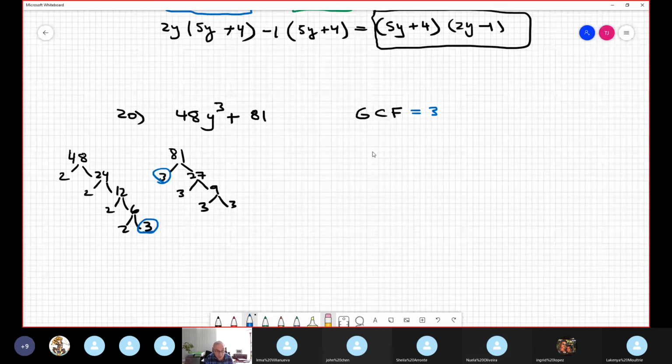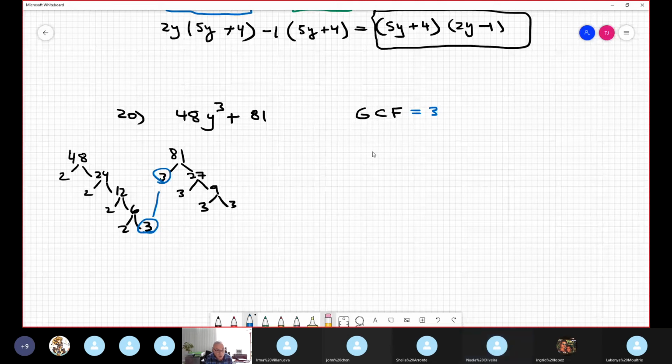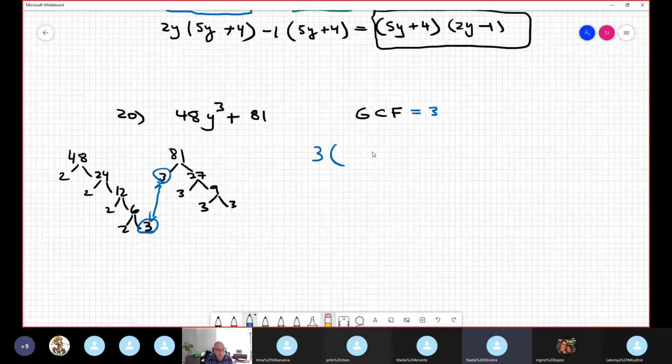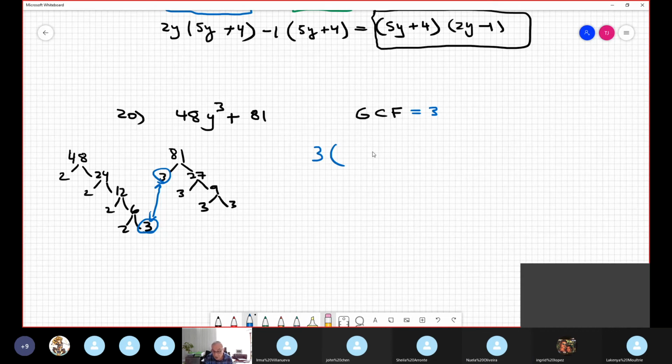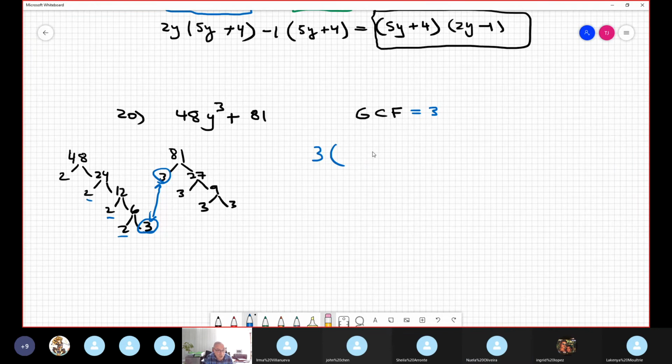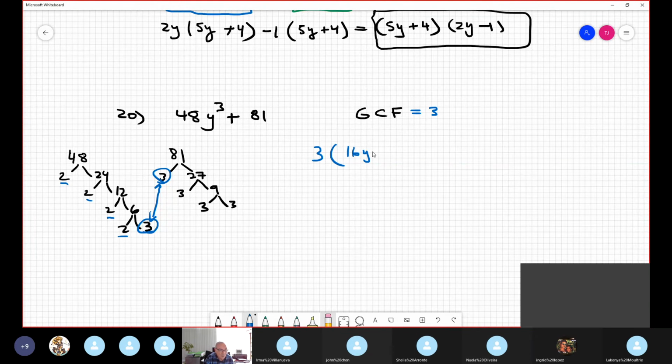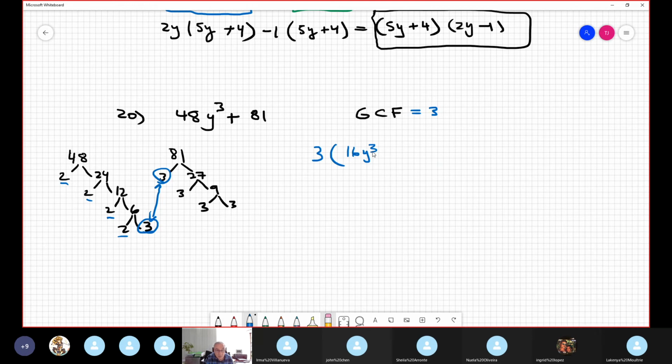You copy that, break it down, and you see what is the common factor. So factoring out 3: 48 divided by 3 is 16, and 81 divided by 3 is 27. So we have 3 times 16y cubed plus 27.